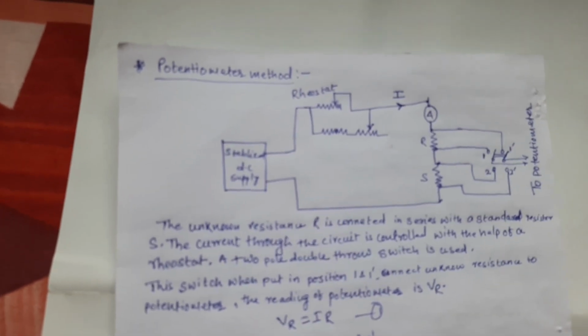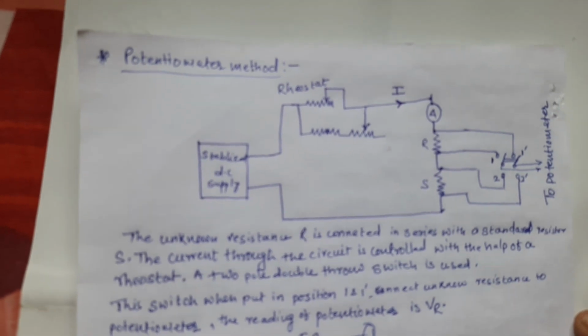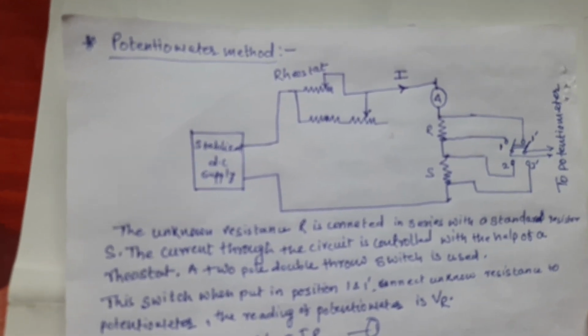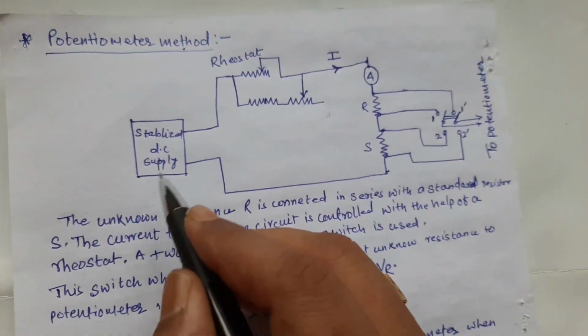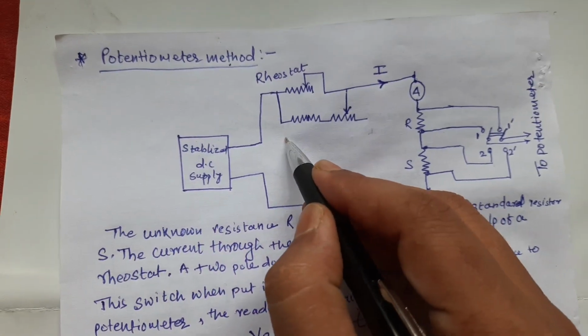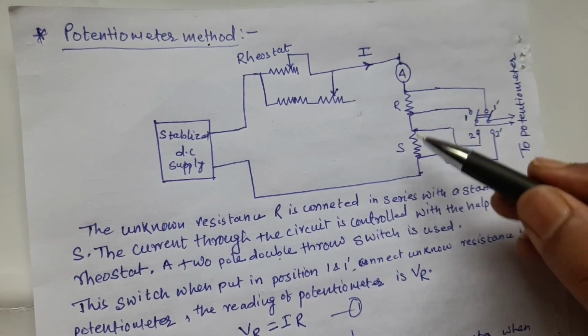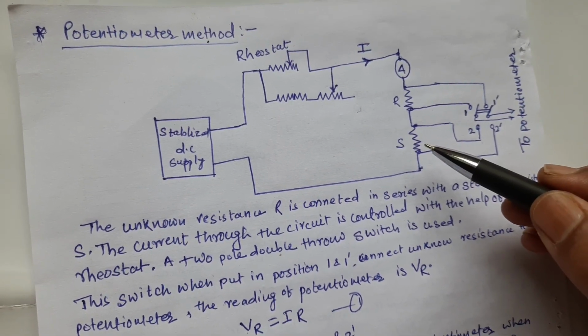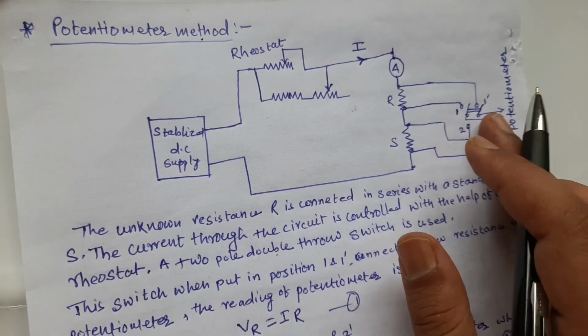This is the circuit diagram for the measurement of low resistance using the potentiometer method. You see, there is a stabilized DC supply, there is one rheostat, this portion is the unknown resistance R, and this is the standard resistance S. There is a two-pole switch.